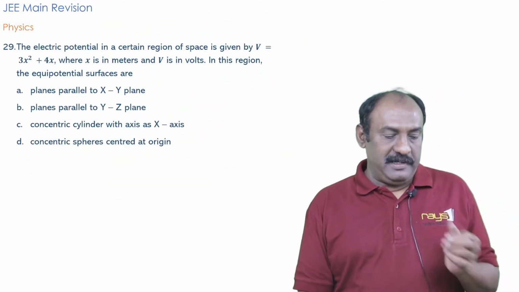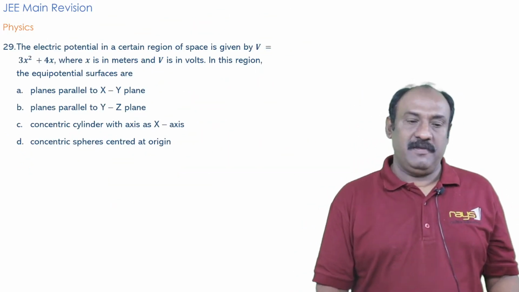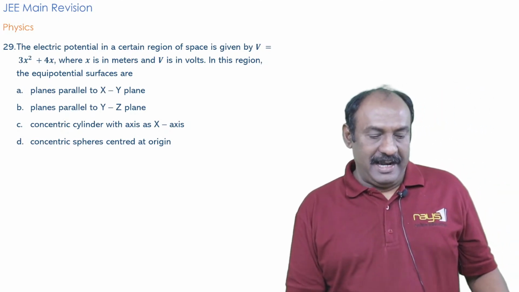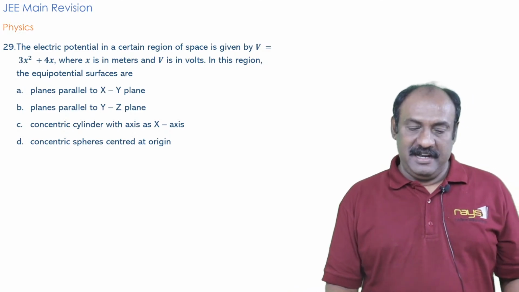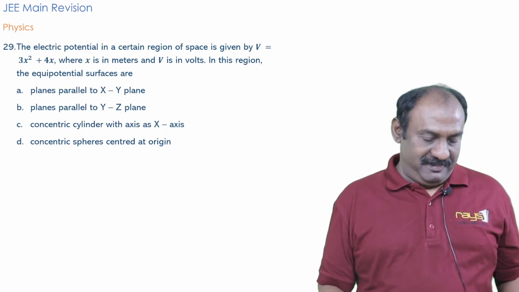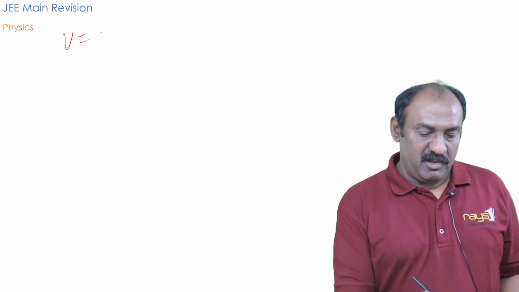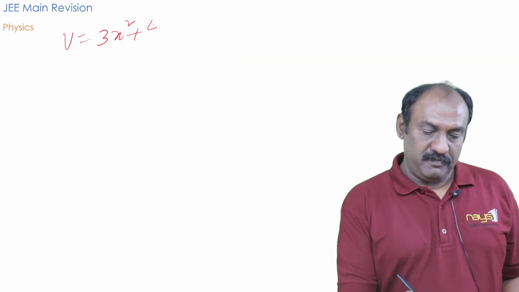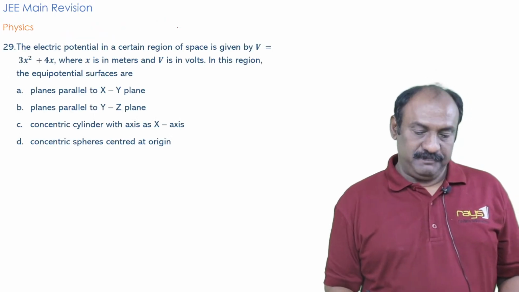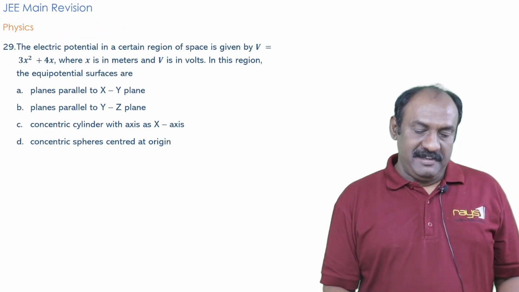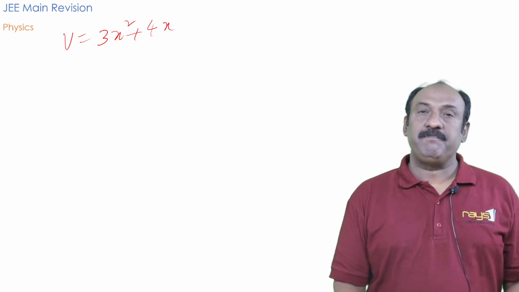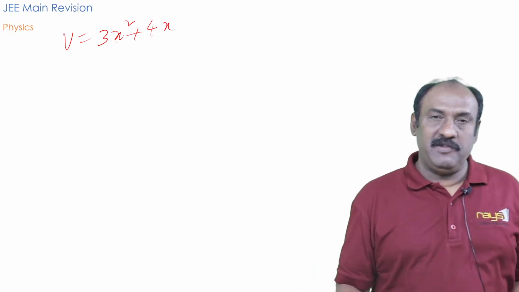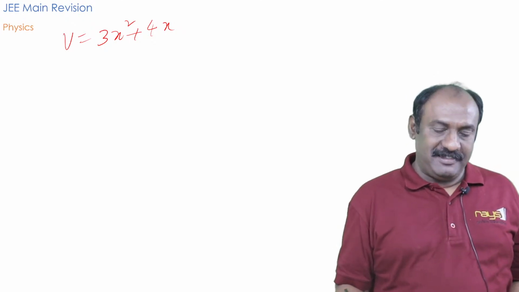Question number 29, the last question of this live discussion. The electric potential in a certain region of space is given as V equal to 3x square plus 4x. In this region, the equipotential surfaces are... Suppose you know the potential equation, how do you calculate the electric field intensity in that region?